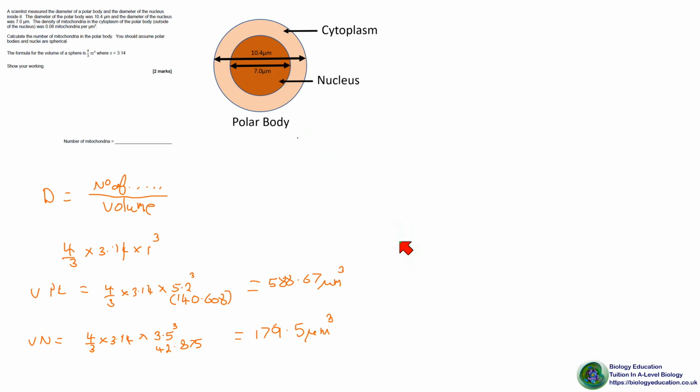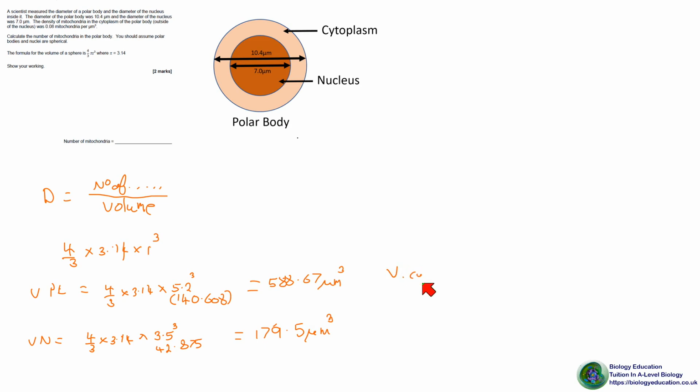So we've got to find the actual volume of the cytoplasm, because the polar body is not totally full of cytoplasm, as there's a nucleus there. What we have to do is subtract the volume of the nucleus from the volume of the polar body, and that gives us the volume of the cytoplasm.